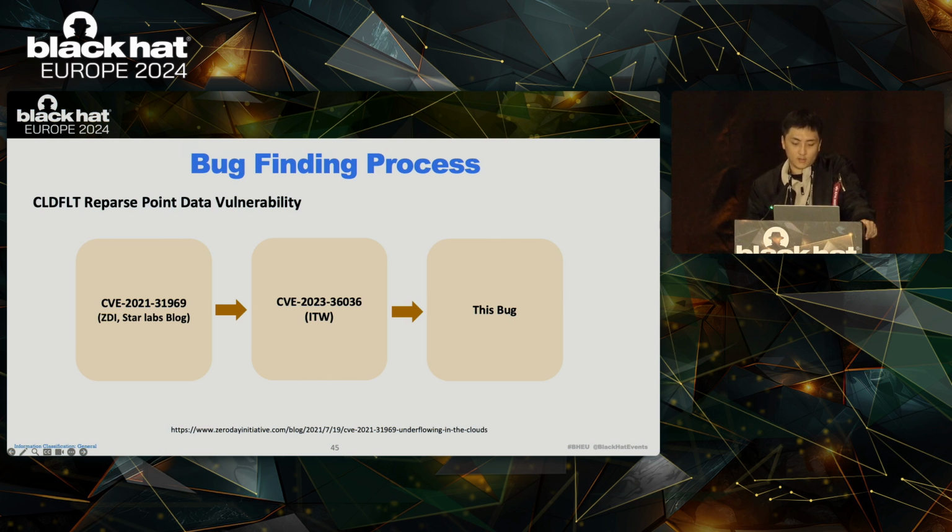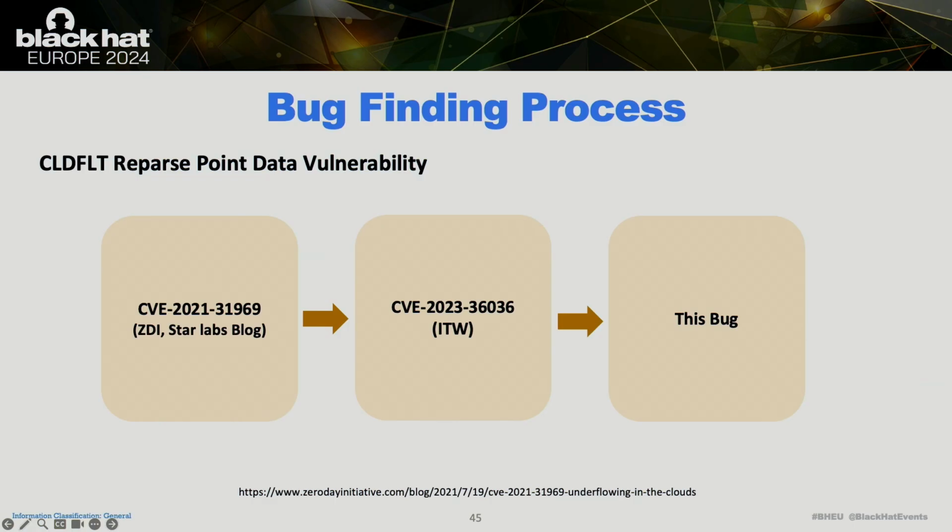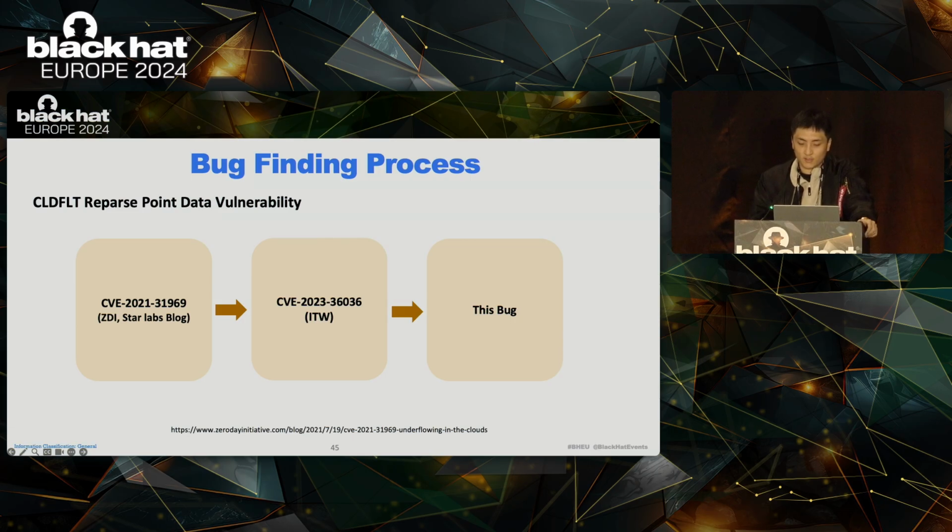The vulnerability occurs in Cloud Filter's handling of reparse point data, and this attack vector became well known following the technical analysis of CVE-2021-31969. Last year, another in-the-wild vulnerability was discovered in this attack vector. As we analyzed it, we realized that this was an interesting surface, so we decided to look further, which led us to discover a new vulnerability.